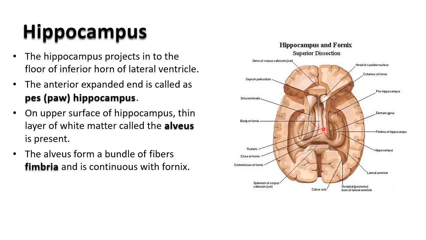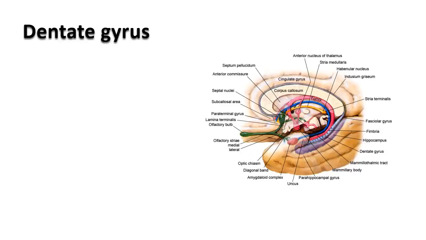Both fornices will be connected together by the commissure of the fornix, thereby connecting one hippocampus to the contralateral hippocampus. So that is one type of commissural fibers. The fornix will again divide into the anterior column of the fornix. The main efferent fibers of the hippocampus is the fornix. So alveus, fimbriae, and then fornix.